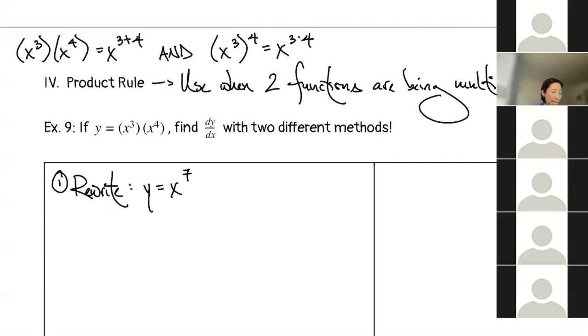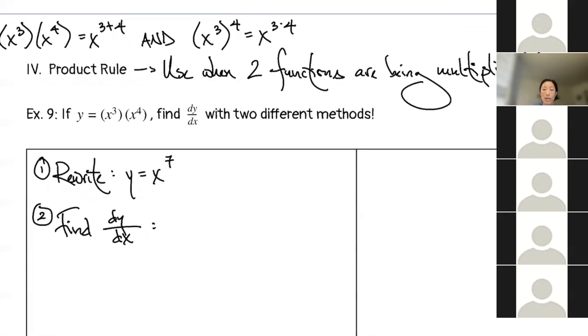But once we've rewritten them, let's find our derivative. And so you'll see here I'm using dy dx, trying to use all the different notations so we get familiar with all of them. So dy dx will equal what?